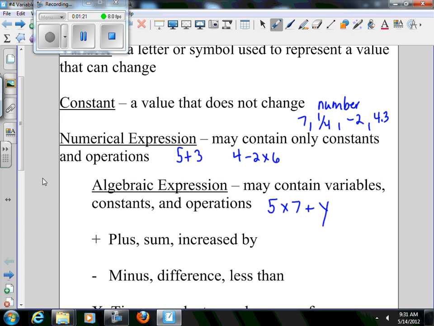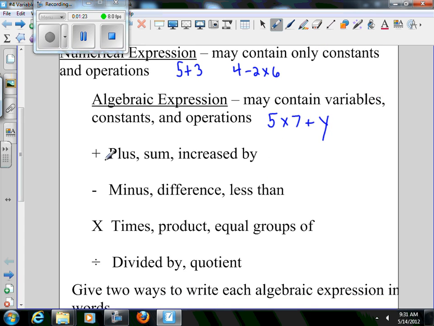Now, whenever you see the words plus, sum, or increased by, that means that you're going to add. This is going to help you when you do some word problems. When you see the expressions less than, difference, or minus, that means that you're going to subtract.